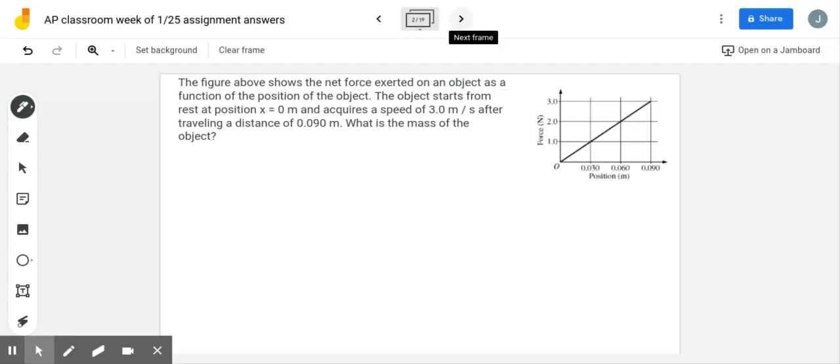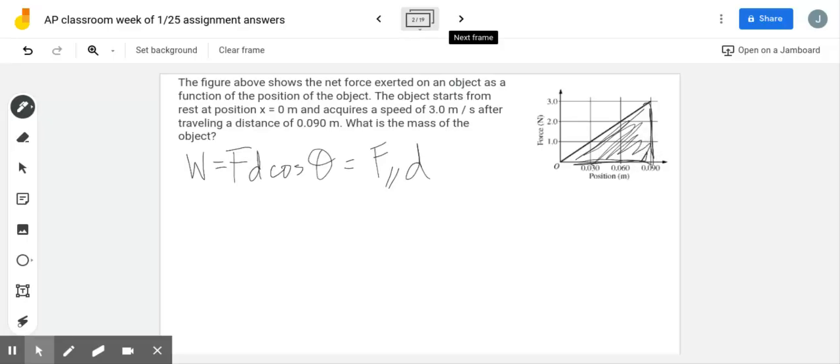So here's one that you need to know moving forward. Since we know W equals F d cosine theta, or F parallel d, basically the force times the displacement is going to be equal to the work, which means that would be the area under the graph, right? So I'm just going to find this area here.